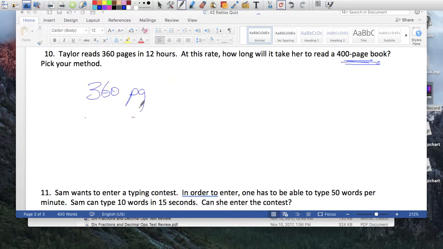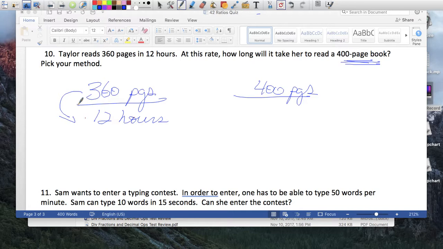360 pages, 12 hours, and here is 400 pages, right? Do you see anything multiplied by 360 that gives you 400? No side to side relationship, but up and down. Is there anything that can happen to 360 to become 12? You can divide it by what? Divide it by 30.